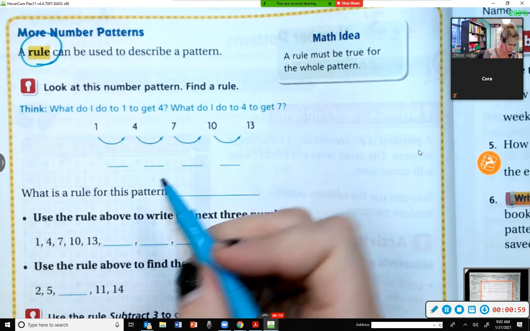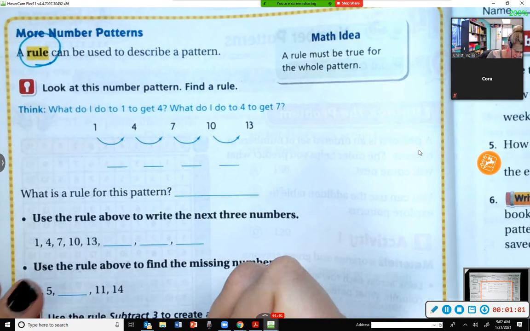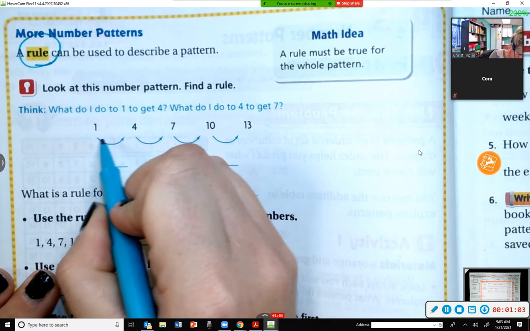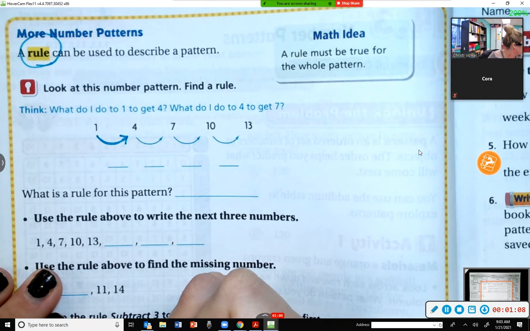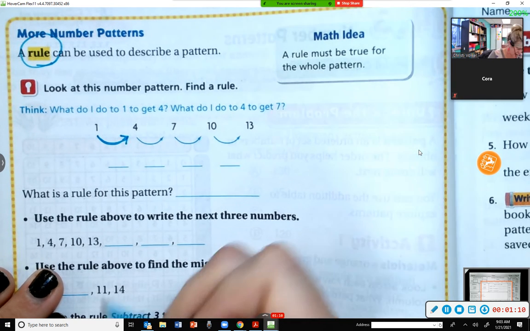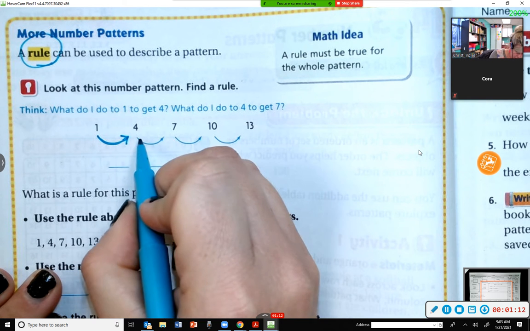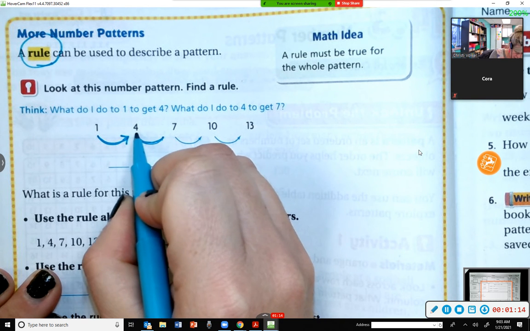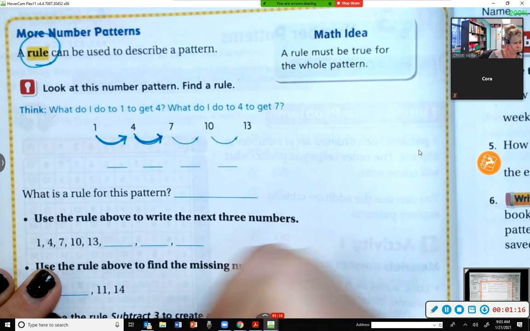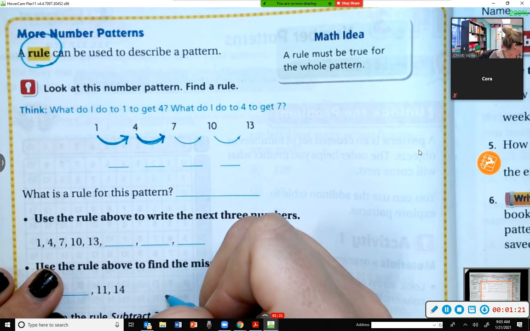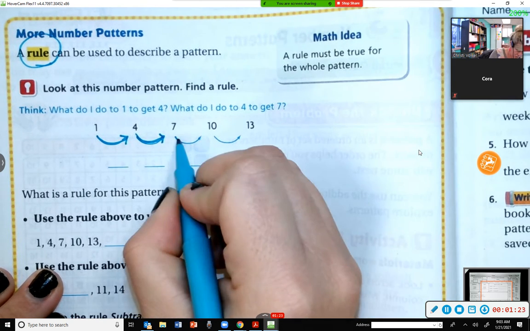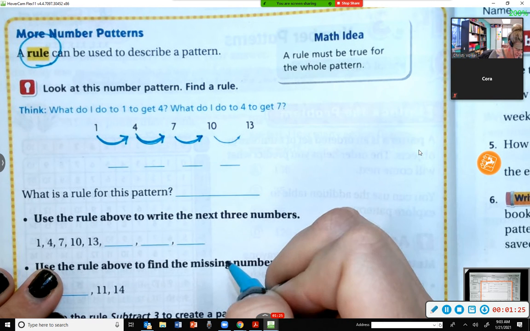Okay, so let's look at this first pattern, and we're going to find the rule. So think to yourself, what do you do to get from 1 to 4? What is going to happen? Add 3, Kaylee says. So let's see if it works for the next set of numbers. Can we add 3 to get from 4 to 7? Yes. Can we add 3 to get from 7 to 10? Yes.